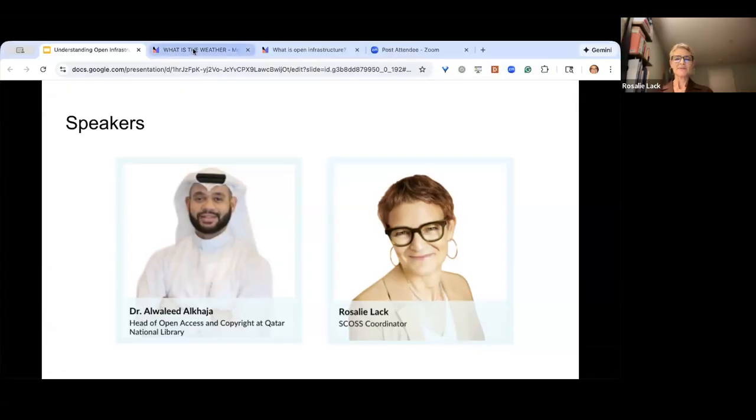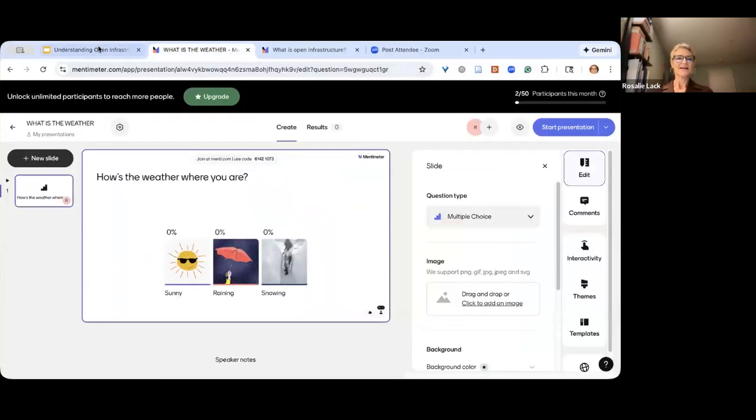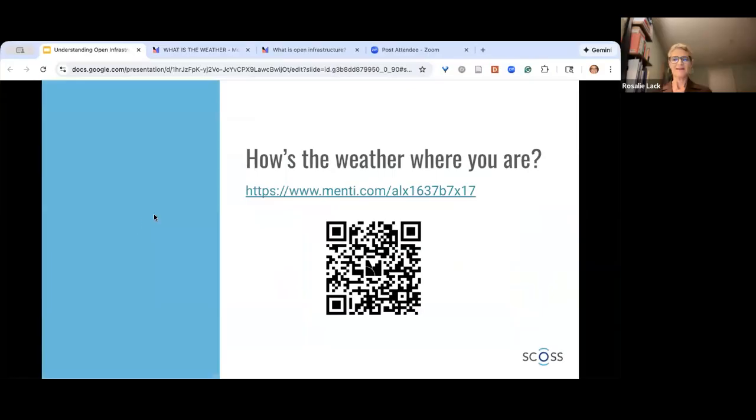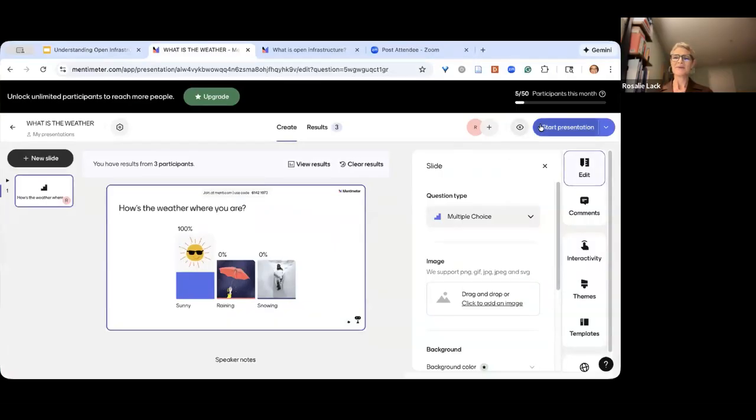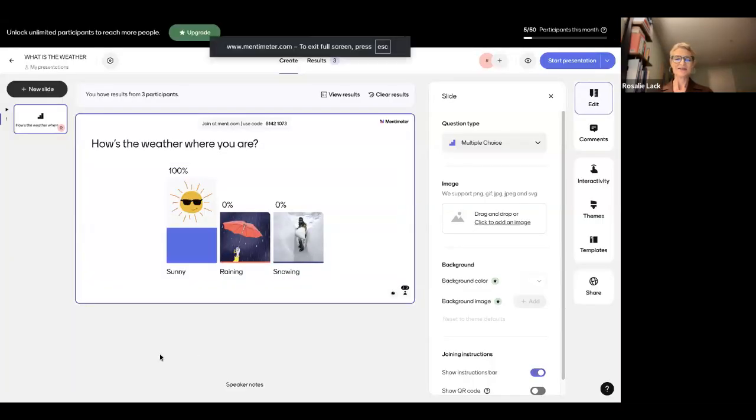So today I'm going to start off with a lighter note to test out a tool here. We're going to put this URL in the chat, and I'd love for folks to let us know what the weather is like where you are. I actually love to know about weather. I know that seems funny, but I love knowing what the weather is. So take a few minutes and let me know what you're experiencing, and we're going to see what that looks like as the presentation goes through.